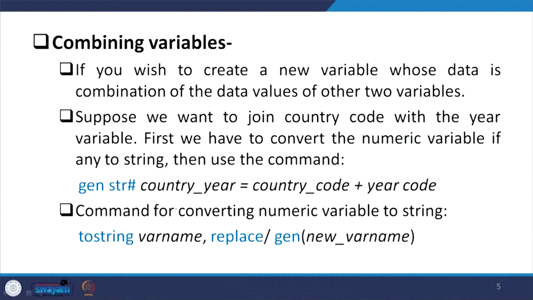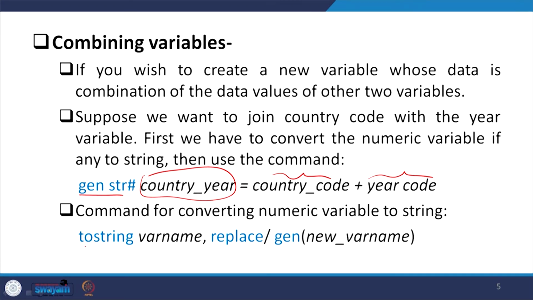So, what we do is convert the numeric to string, then use this particular command generate string. If you know the correct number of characters, you enter here str and its number of characters. Then is equal to the two variables you wanted to combine. Now, how to make it string?